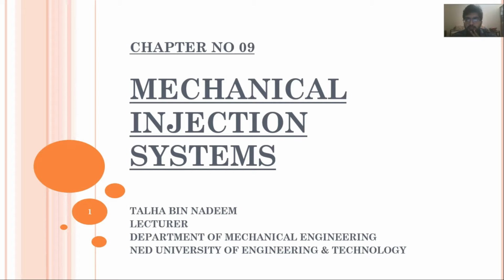The basic difference between the SI engine and CI engine is that in a spark ignition engine, we make the air fuel mixture, and that air fuel mixture is sent to the combustion chamber for combustion when the spark is ignited.